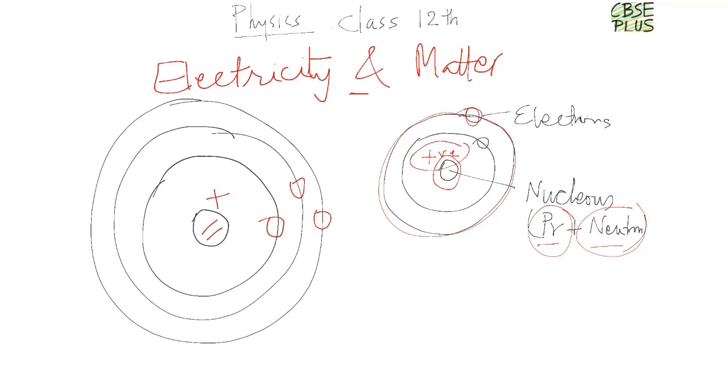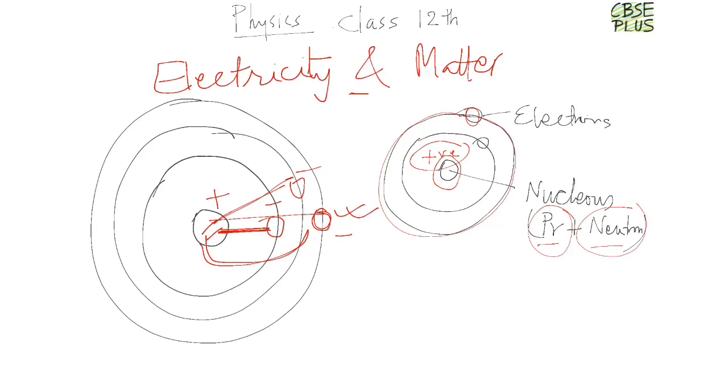A proton has positive charge, and electrons have negative charge. The closer the electron, the greater the bond. The farther the electron, the weaker the bond. So the outermost orbit has electrons which are very loosely bonded with the nucleus and very vulnerable. That's why they can easily slip out.